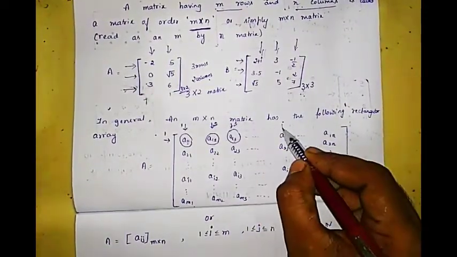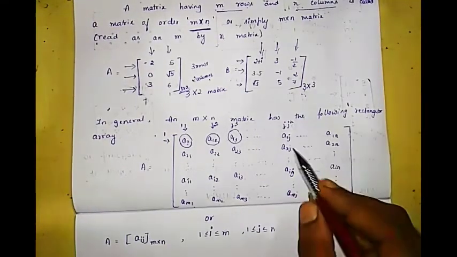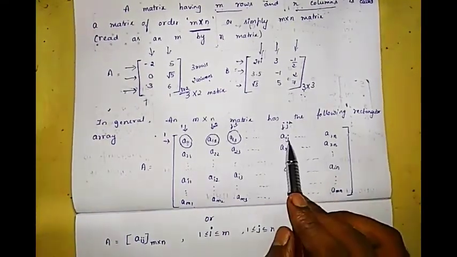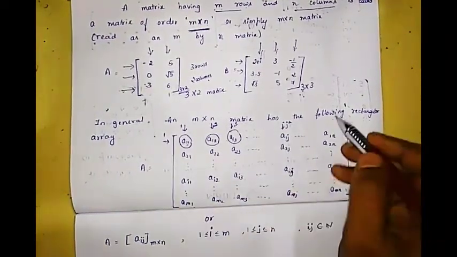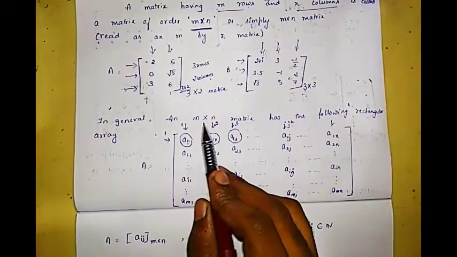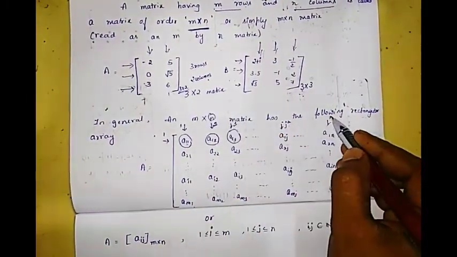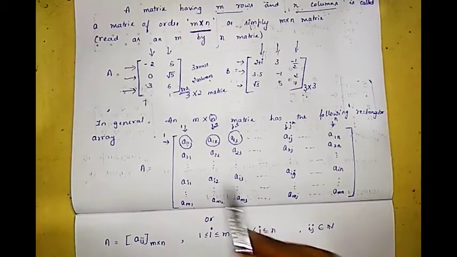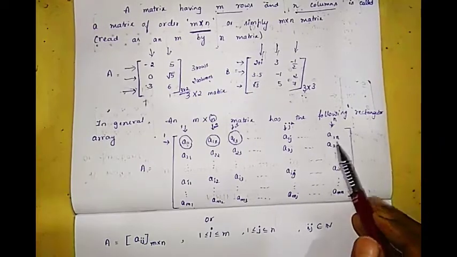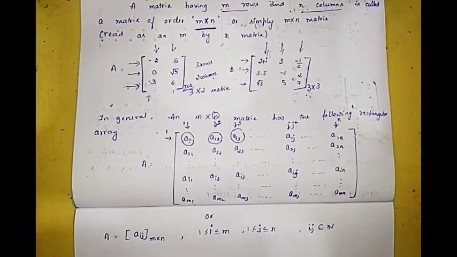Similarly, if you consider the jth column, then A1j is the element of the first row, jth column. Suppose it is an m by n matrix, so the number of columns is n, and the last column of this matrix is n. Therefore, A1n is the first row, nth column.